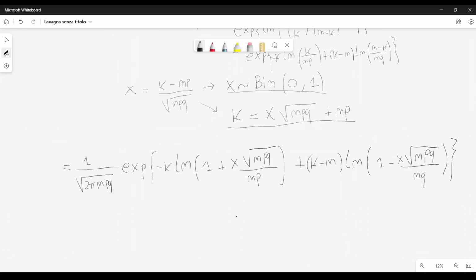And now I'm going to consider a Taylor series of these logarithms, this one and this one, which I will truncate to the second order. Why can I consider a Taylor series? Well, because here I have square root of n over n, which is 1 over square root of n. So since n is going to be very large, this quantity here will be quite small, right?